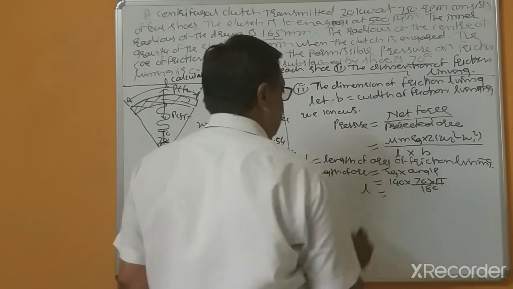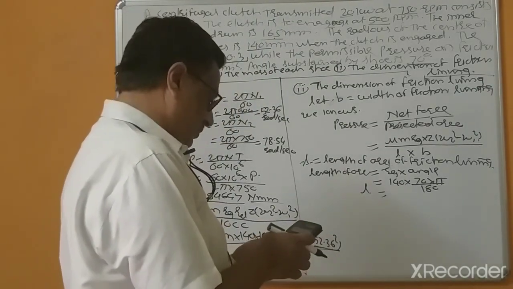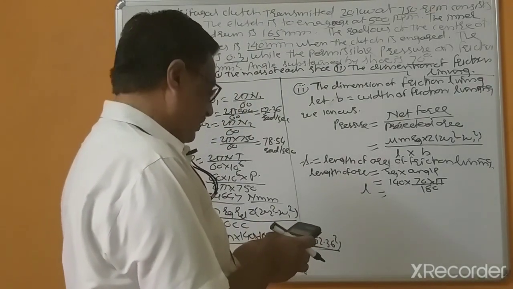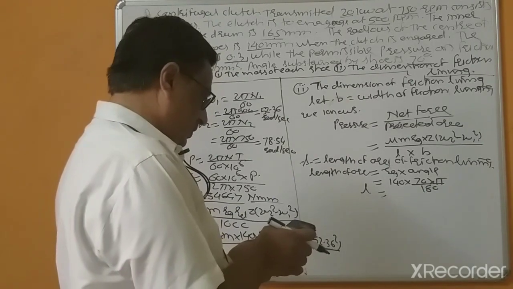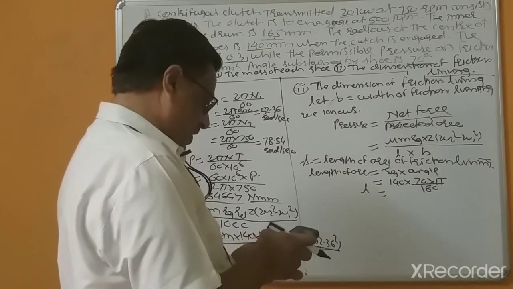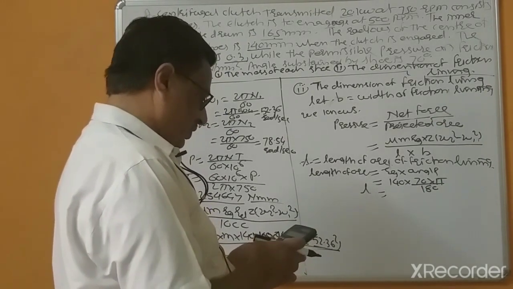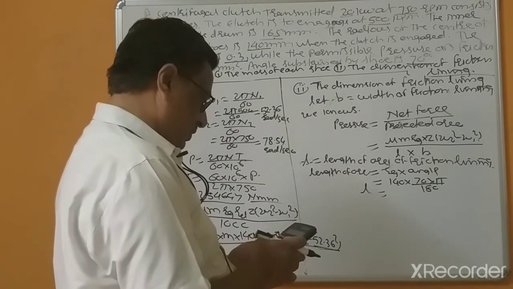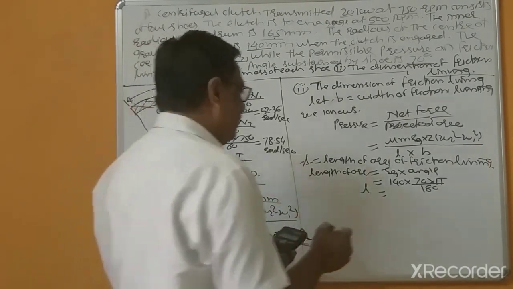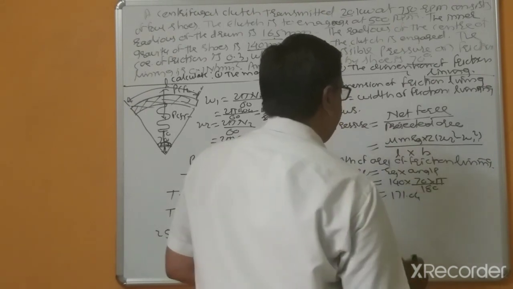So L equals 70 into pi multiplied by 140 divided by 180, which is 171.04 mm.